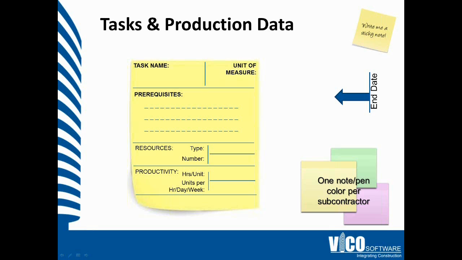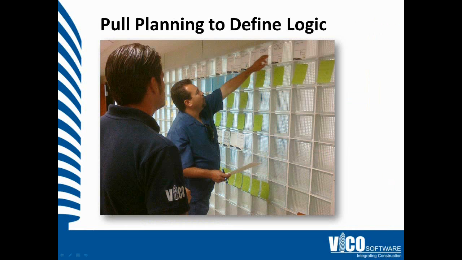Are they going to be drywall guys or concrete guys or whoever your individual labor resource or a union shop is going to be, and then the productivity data that will be used to calculate the durations. And so we'll gather all this information and lay it out as part of a pull planning exercise to define and refine the logic and constraints for each individual schedule phase.